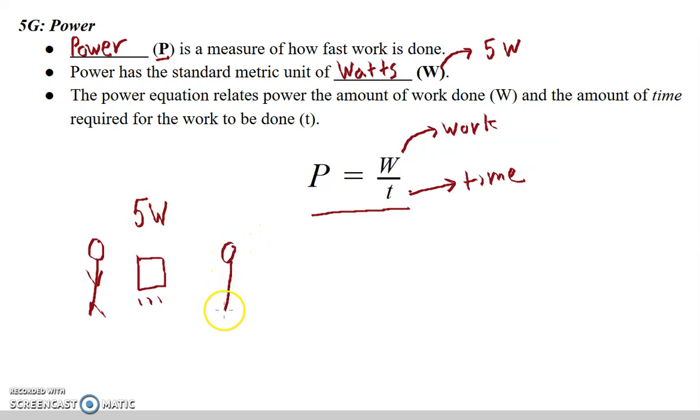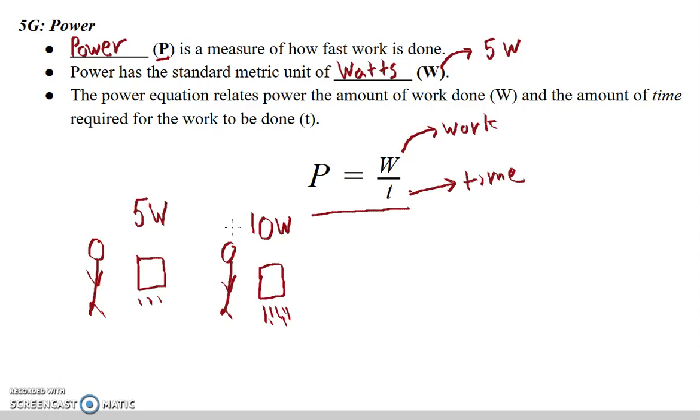Then let's say you have that same box, you lift it in the same way, but you lift it faster, very quickly. Then maybe you'd have 10 watts in that case instead. The reason for that is that you're doing the same amount of work, but if you do it in less time, you're exerting more power on that object.